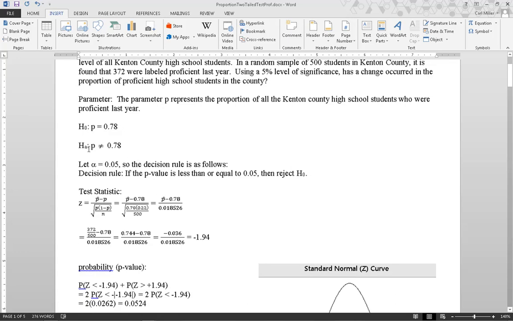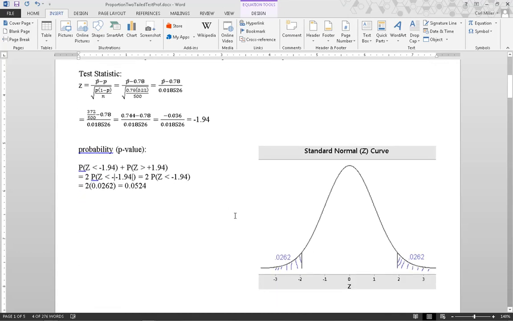Now remember, the alternative is looking for a change or a difference in either direction. As a result, when I find my probability, I'm going to find the area to the left of the negative version of what I calculated for my test statistic, plus the area to the right of the positive version.